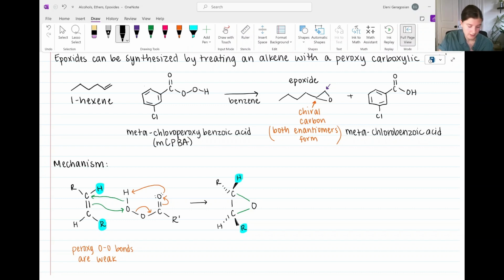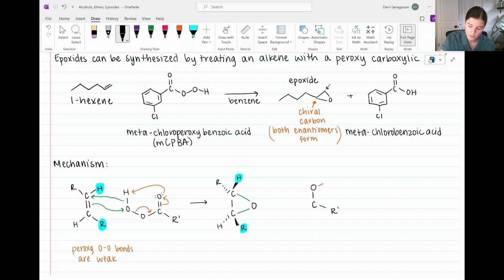Our other product is not the peroxy, but the carboxylic acid. So we now have, let's say we'll start just to orient ourselves, the carbon and that bond to the R group did not change. The oxygen that was bonded the way we drew it above that carbon, the oxygen is still there, but it now has a bond to a hydrogen.